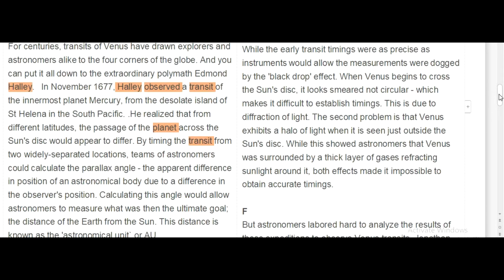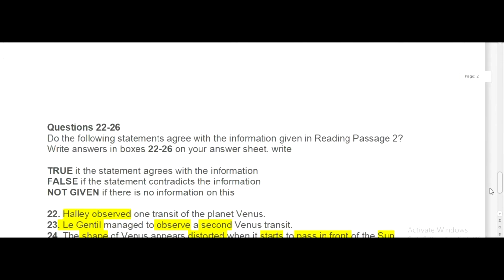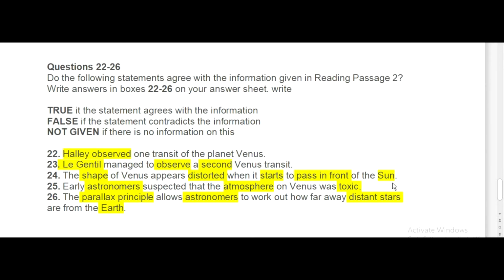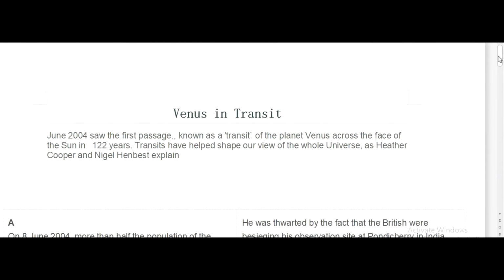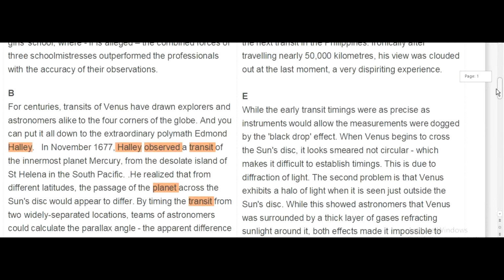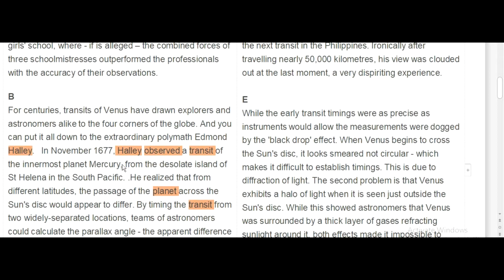So down here the question says that Halley observed one transit of planet Venus. I haven't found anything about Venus yet. I know that the passage is talking about Mercury here, but not about Venus.